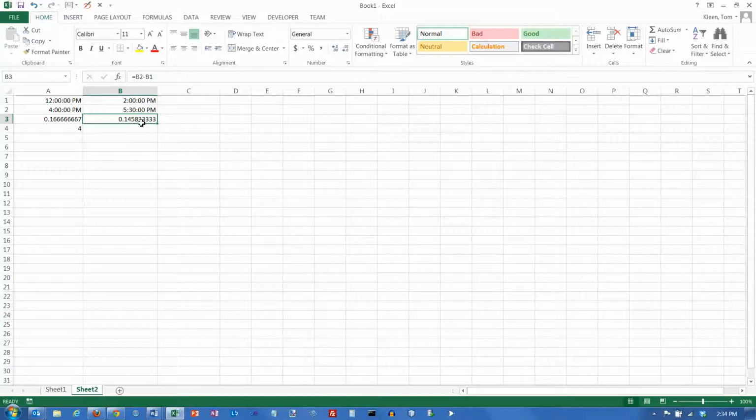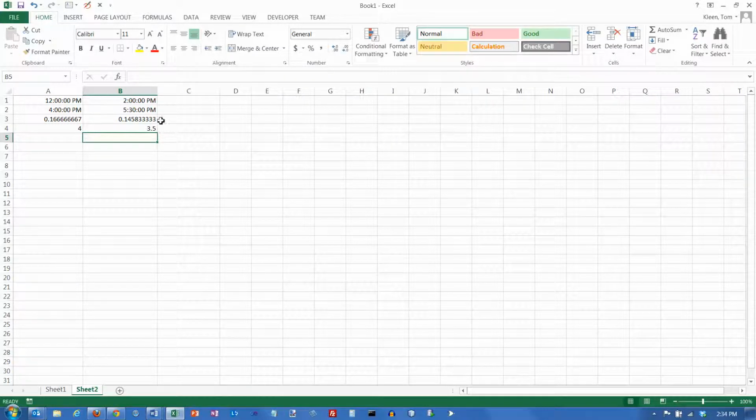So that fraction of a day has passed, a little over 14% of the day. And I want to know how many hours that is, and it should be 3.5. So if I take that number and I multiply it by the number of hours in a day, 24, and hit the enter key, it should tell me that 3.5 hours have passed.